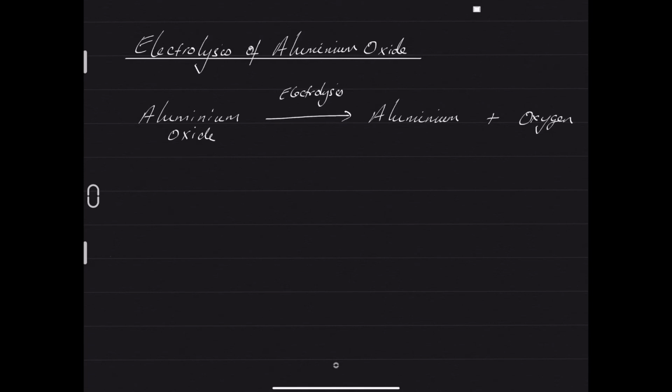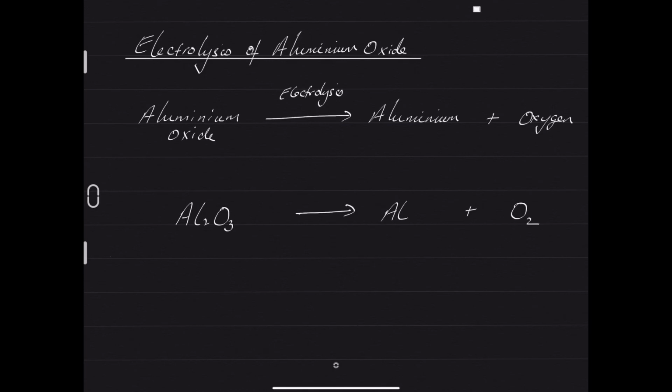I'm going to give you a partially complete equation, which I want you to fully balance and complete. So I'll give you the oxide, and what we get is aluminium plus oxygen. Now I want you to complete this equation as fully as possible.